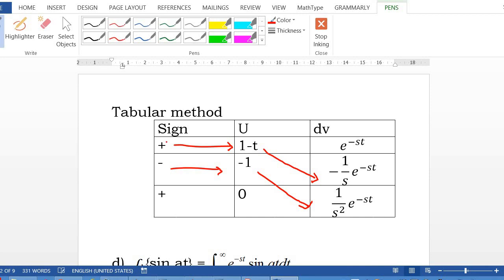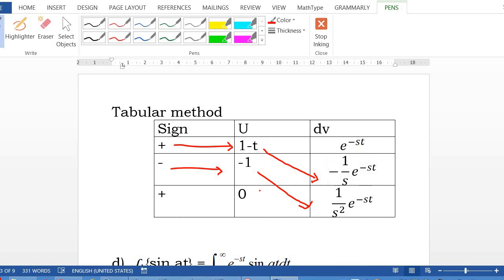The second column is u. Normally we choose u as the polynomial function; otherwise it doesn't matter, as long as u is easy to differentiate and dv is easy to integrate. Here dv is e to the negative st.